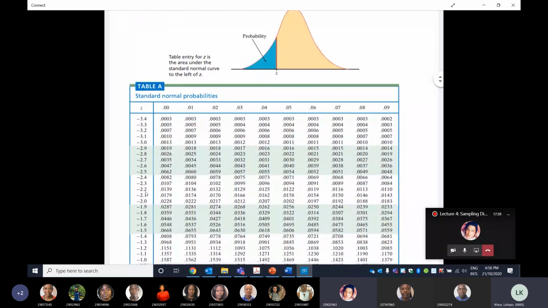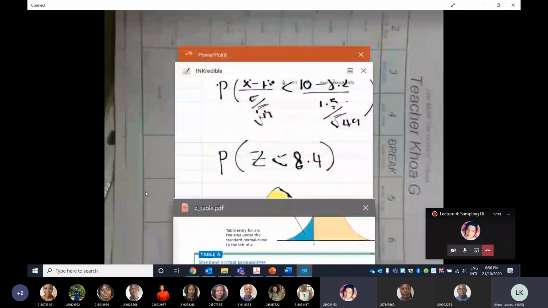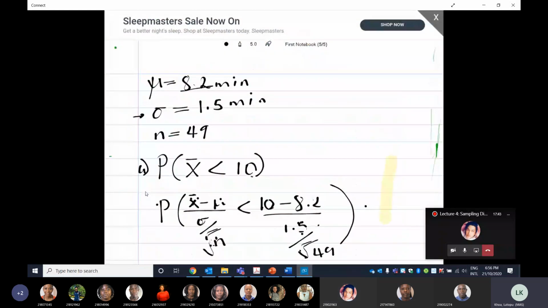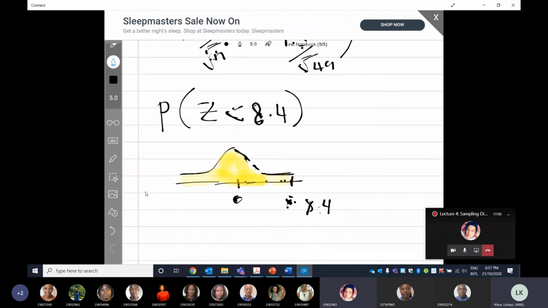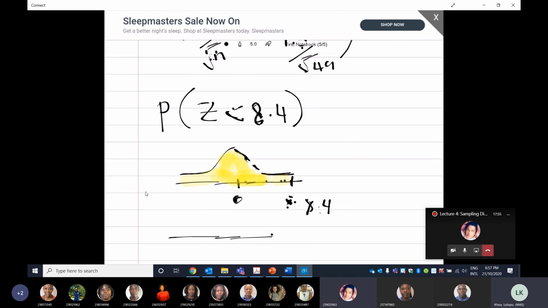So how we can use this table is, this table reads values from 0, here's 0, and they are going in that direction.